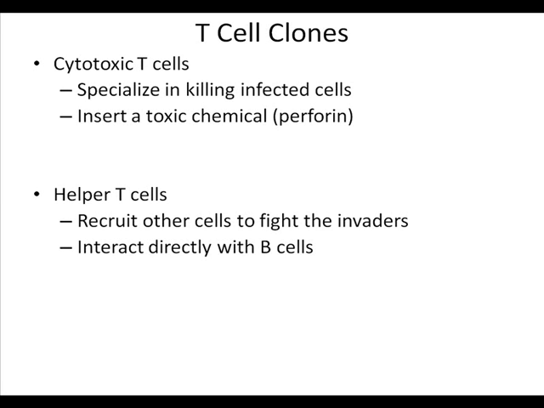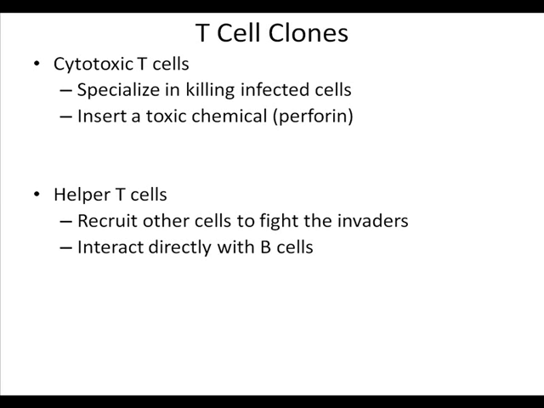These cells are capable of attacking the cell that has the antigen on it. One way they attack it is by injecting a toxic chemical into their cell membrane that just kind of lets them sort of explode. There are also helper T cells.